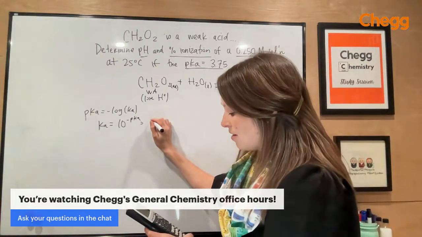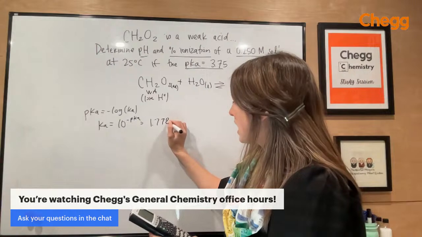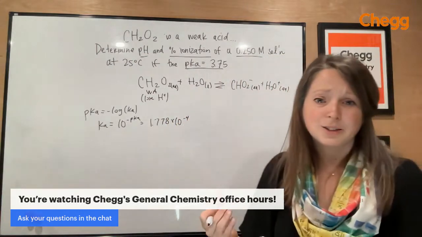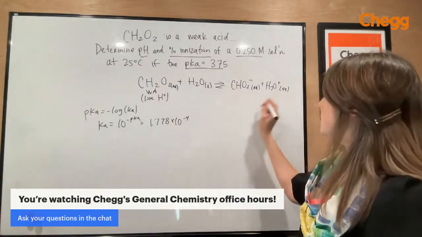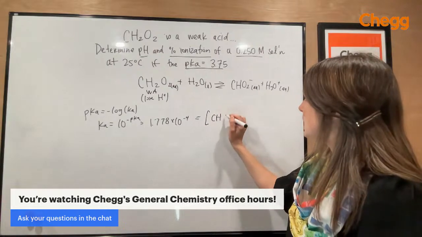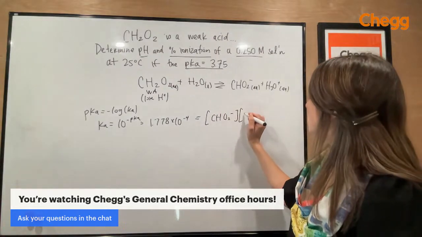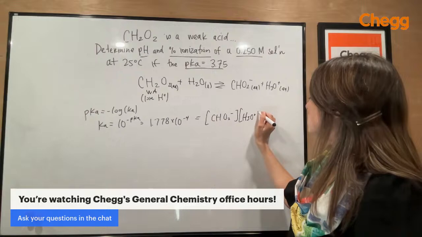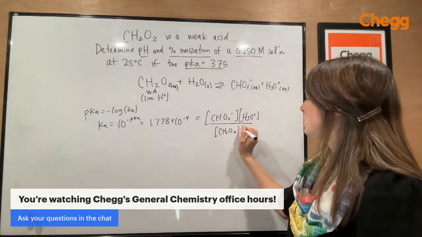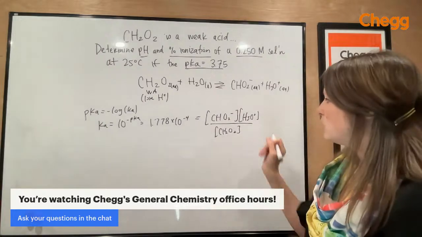All right, so my Ka value is 1.778 times 10 to the negative 4. So what is that Ka expression equal to? It's the concentration of your products over your reactants. So this is CHO2 minus times H3O plus over CH2O2.